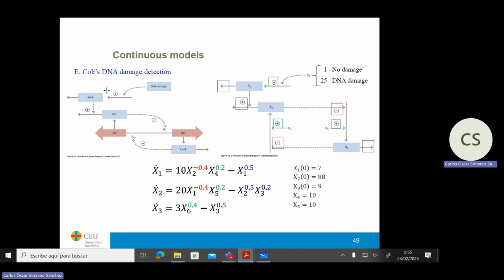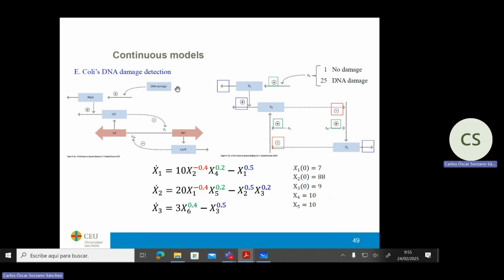Then you also have continuous models. So differential equation models are still very useful. You state how your species or concentrations change over time. So this is the derivative, and these are translated from this kind of network. You have this gene that is helping to overexpress this, or promoting this output.